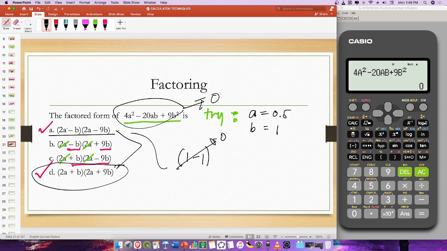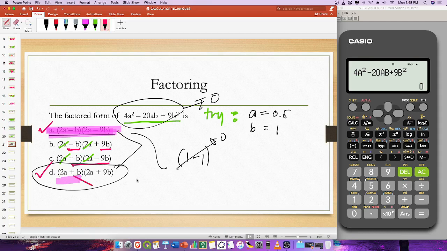This is 0. So by inspection, the answer here is letter A, because it resulted to 1 minus 1, which is 0. If you substitute that here, the result will not be 0. The result will just be 2 times 0.5, that's 1, plus 1, that's 2. So this is a wrong answer.